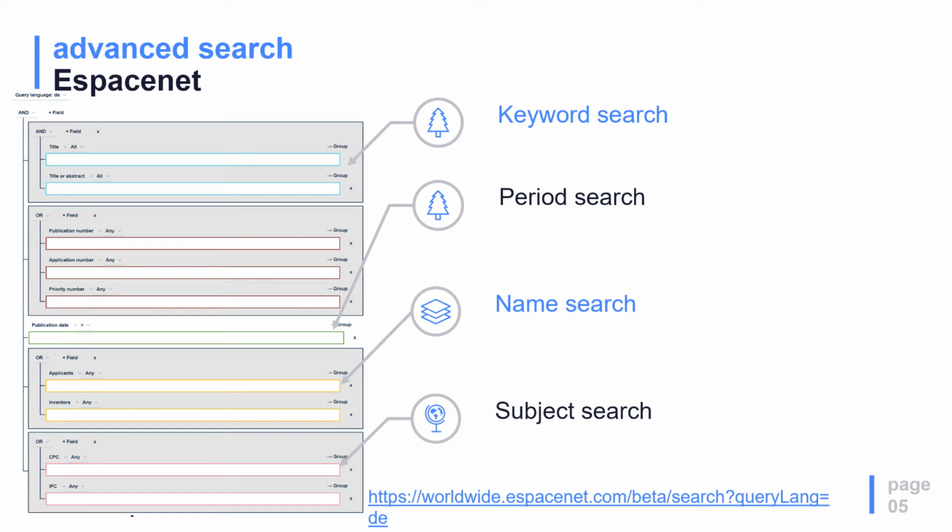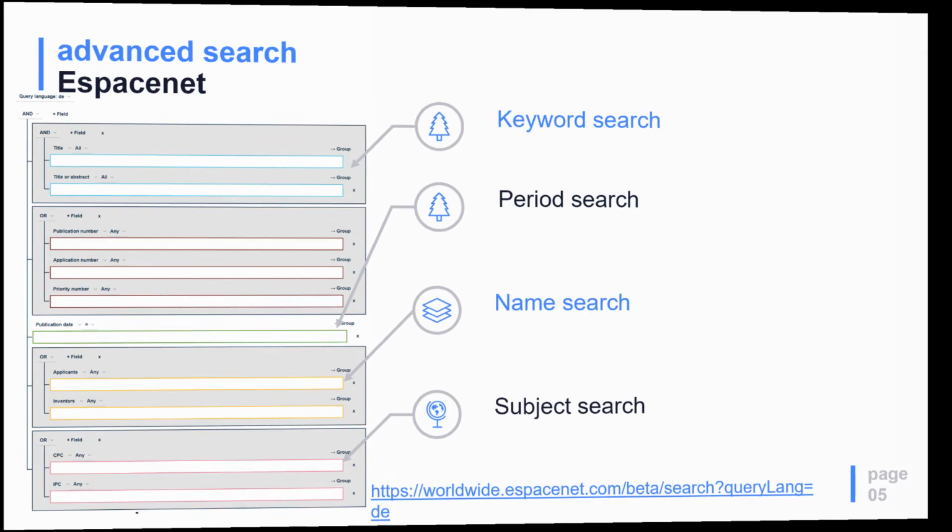In the subject search, you can narrow it down by technical classes. In the next step, we will have a closer look at these fields in detail and go through some preliminary considerations that will help you to make the patent search successful. These considerations work in the same way for all other patent databases as well.